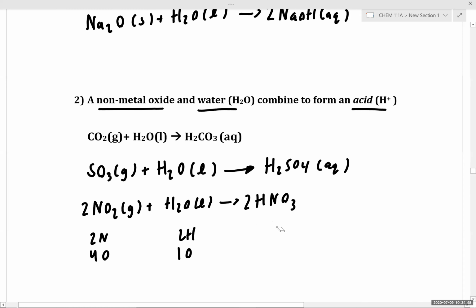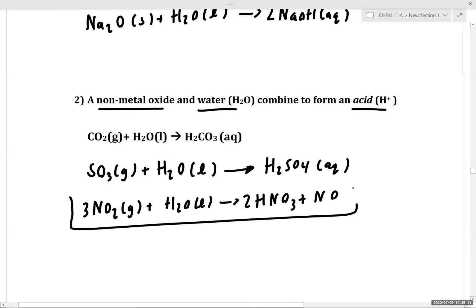So nitrogen dioxide is a little bit of an exception in terms of how it behaves. If you're wondering why the equation doesn't balance, as a byproduct from this reaction, we also get nitrogen monoxide. So this nitric acid generation from nitrogen dioxide is a bit of an exception.